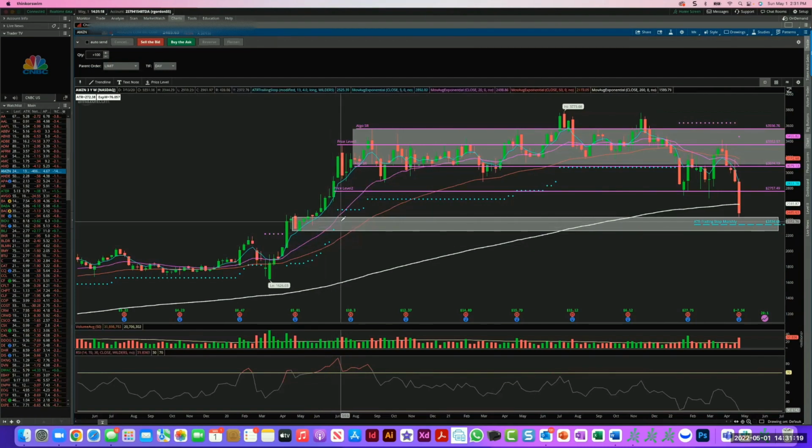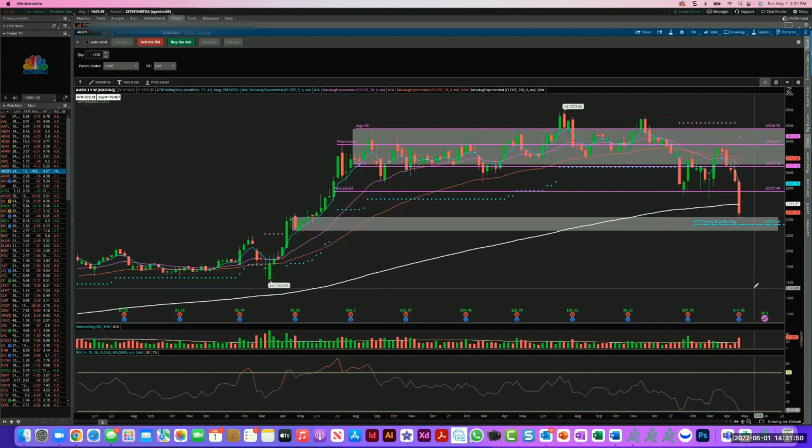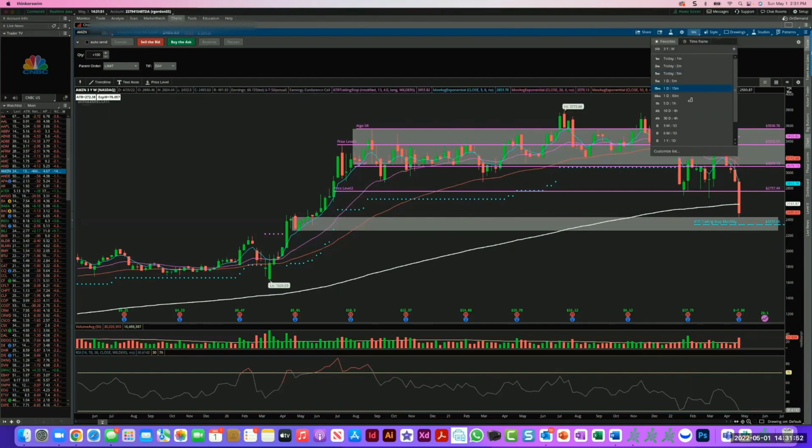So this mini consolidation says to me that there are buyers waiting down here for Amazon. And I like the fact that the ATR trailing stop for the monthly is right in the center of this, because if I'm drawing a demand zone, I typically draw a line right in the middle. I couldn't have done that better myself. So now this could be where buyers come in on Amazon and start to take it back to the upside.